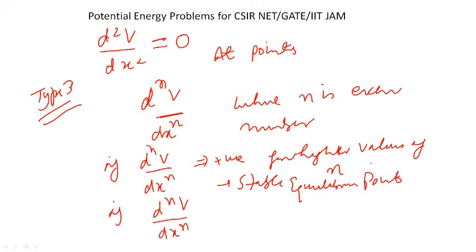And if d^nV over dx^n is negative, then it will be an unstable equilibrium point. Now we will understand this by some examples.